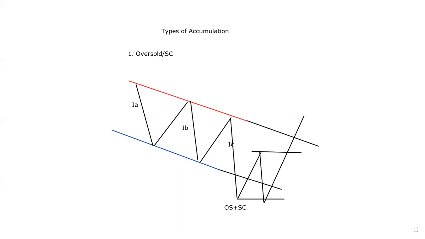So obviously, what do we have here? Impulse wave A, impulse wave B, impulse wave C. We have three impulse waves.